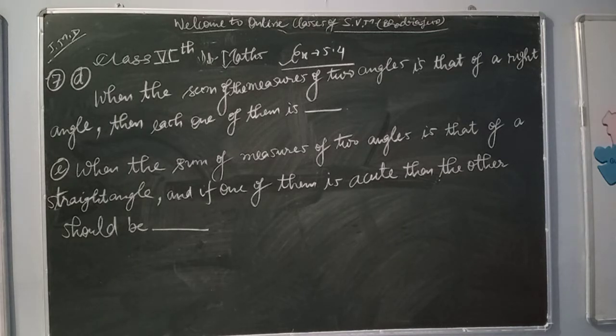When the sum of the measures of two angles is that of a right angle, then each one of them is... Part E is when the sum of the measures of two angles is that of a straight angle, and if one of them is acute, then the other should be... Now I am going to solve both of the parts.